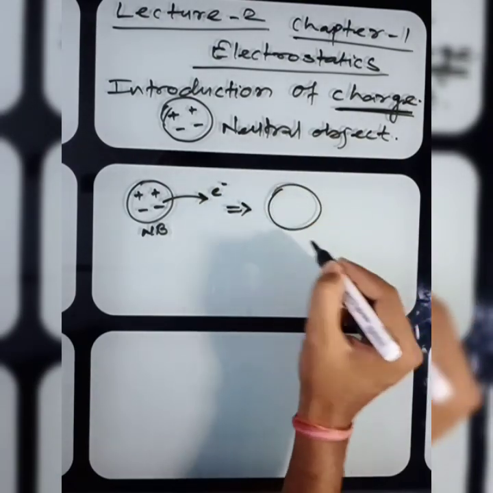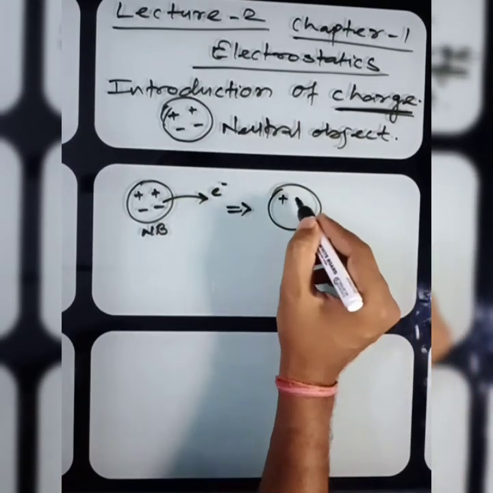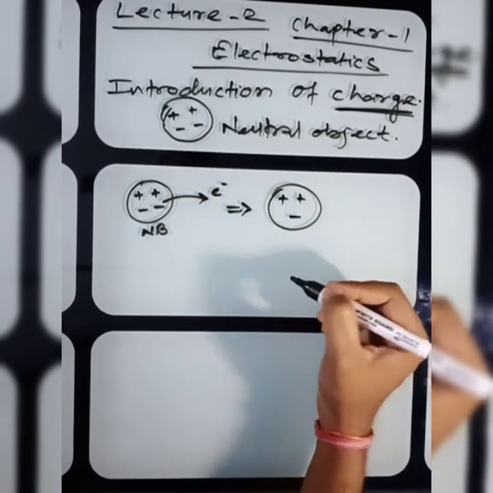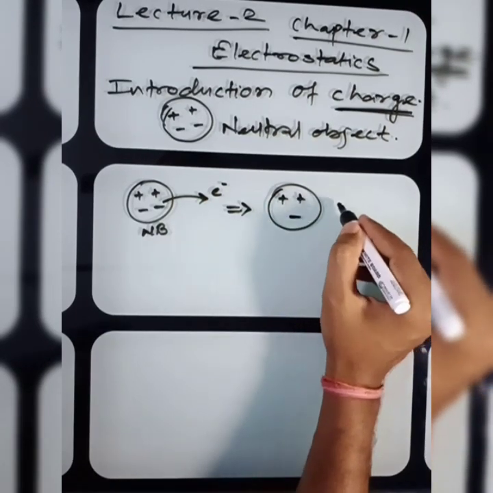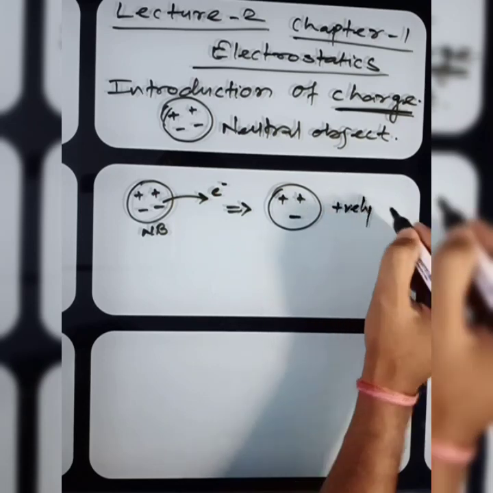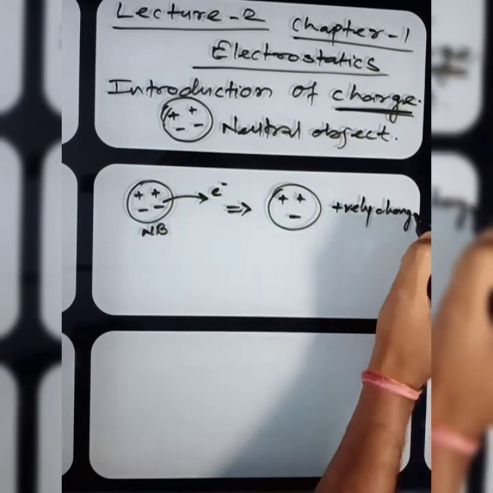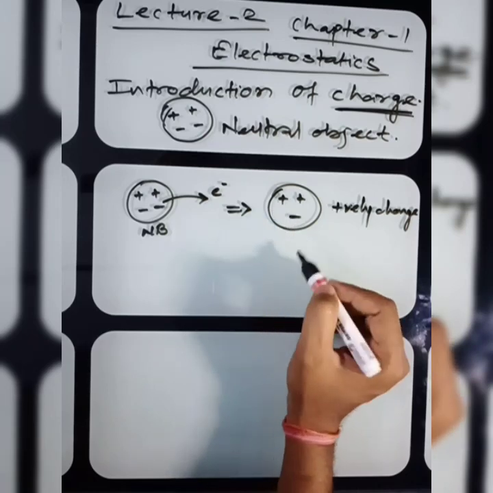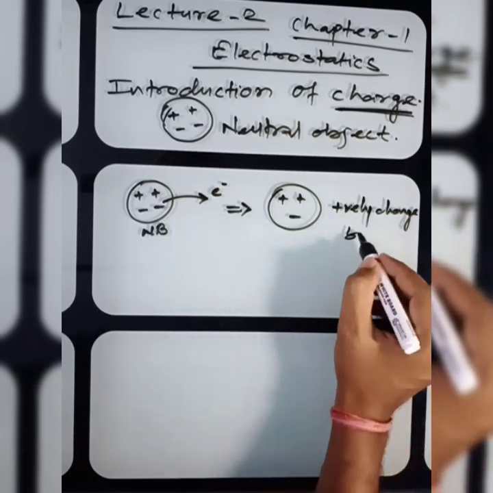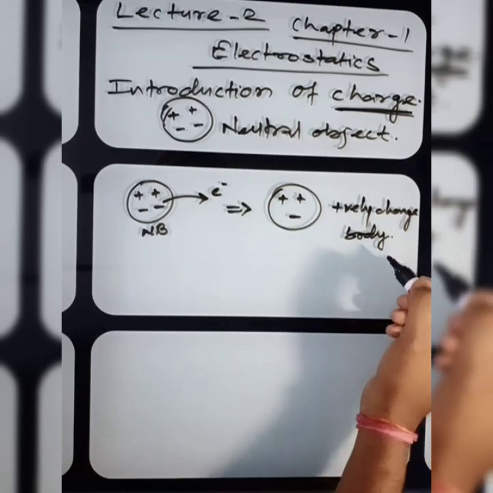This body will have deficiency of electron. Now, this body will be considered as positively charged because positive charge is dominating. So, this is called positively charged body. This is the concept of charge.